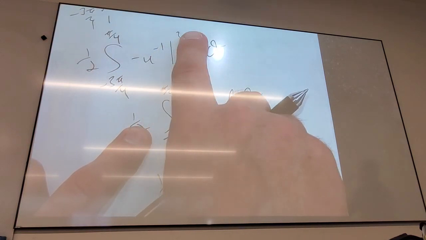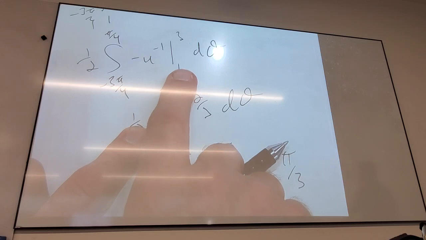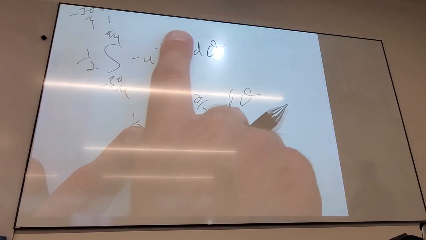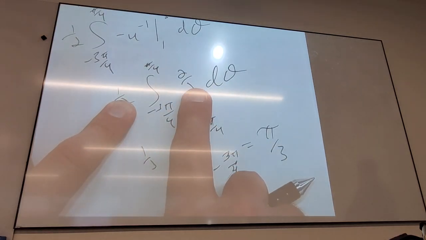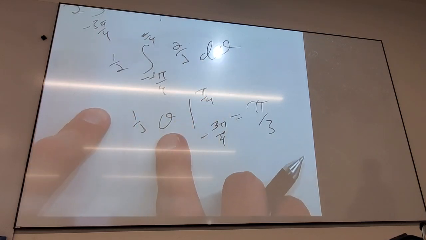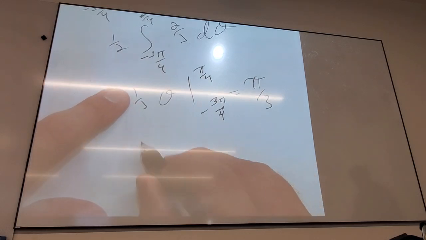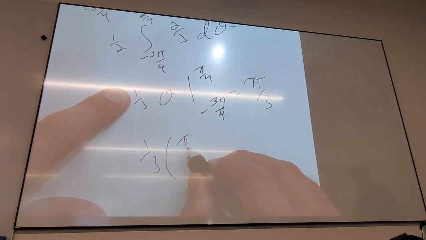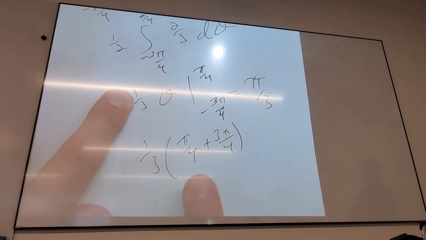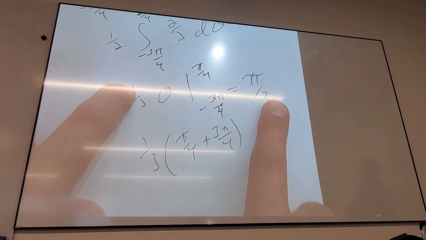This will be negative 1/3 minus negative 1, so negative 1/3 plus 1, so that's 2/3. When I integrate d theta, I get theta. 1/2 of 2/3 is 1/3. When I plug in pi over 4 minus a negative, 1/4 pi plus 3/4 pi is a whole pi. So I get 1/3 of a pi.